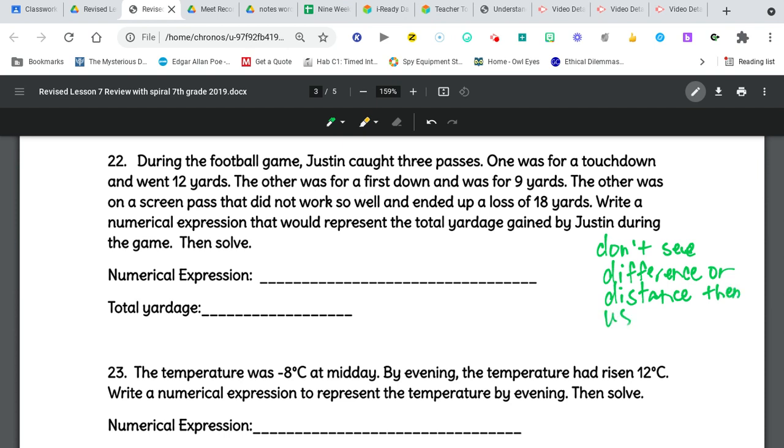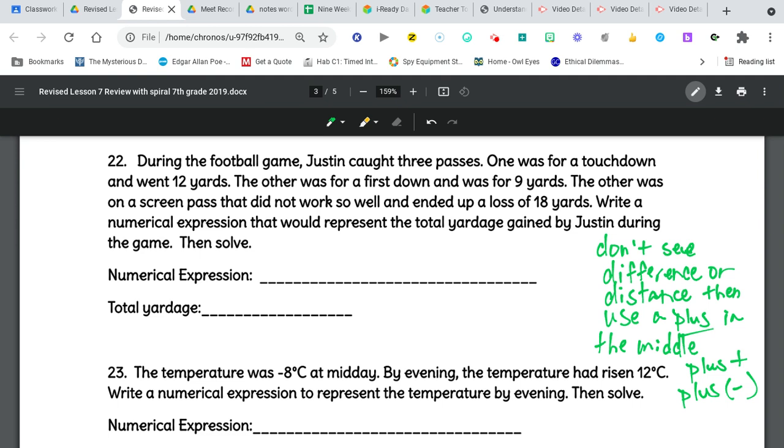Then use a plus in the middle. And you can always go with plus a positive or plus a negative, depending on whether you're gaining or losing, or it's going up or it's going down. Okay?